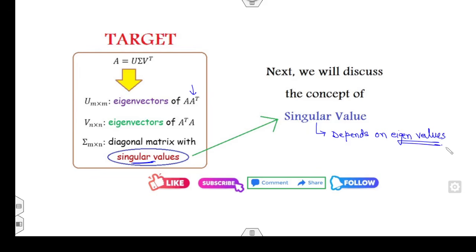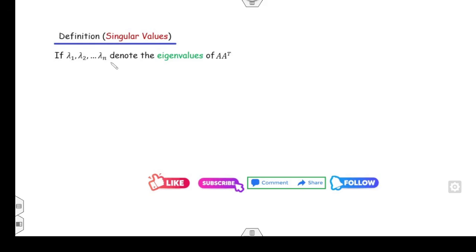The first definition is, if I consider lambda 1, lambda 2, up to lambda n as the eigenvalues of the matrix A into A transpose, then we can write them in increasing order, or you can write in decreasing order. That choice is on your side.